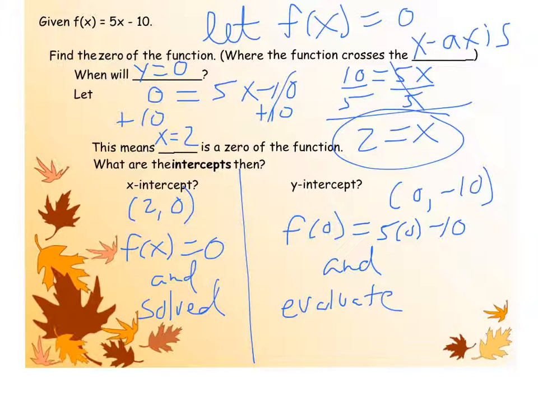So you have to be clear that when you're finding x-intercepts, that's what we did up here, you're setting the y value equal to 0, and as a result, setting the function equal to 0, and solving. Whereas the y-intercept, you just plug in 0 for x, and you simplify or evaluate. Work hard to be clear on the difference between those two things.